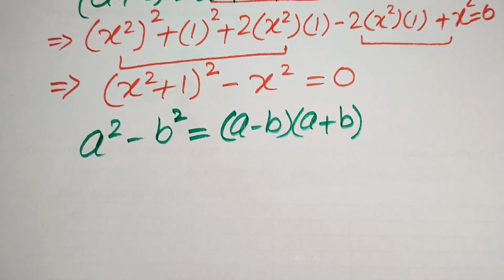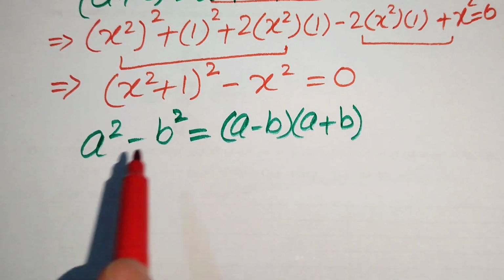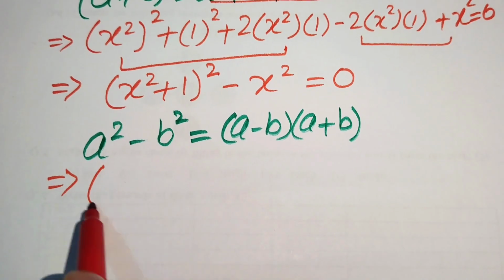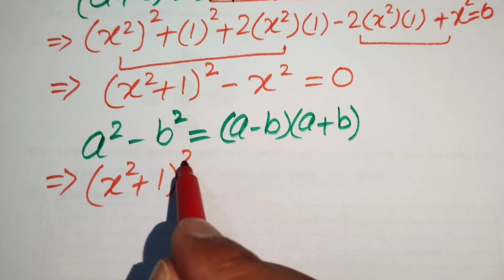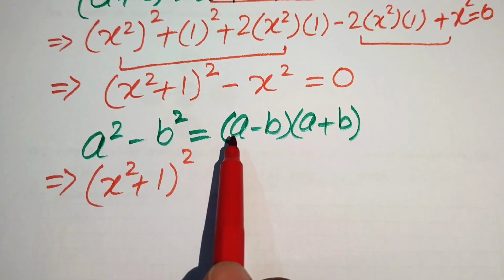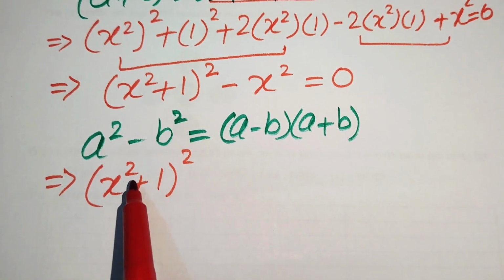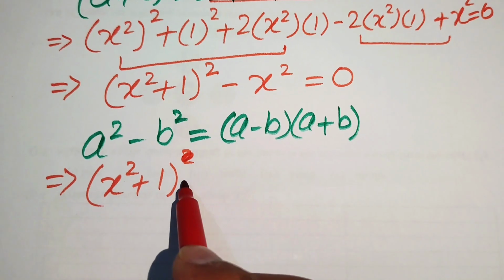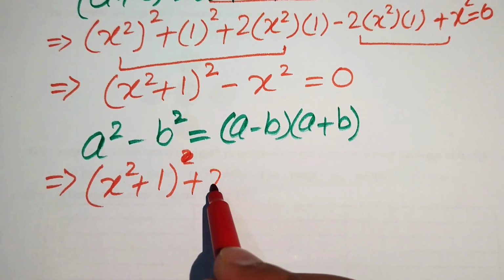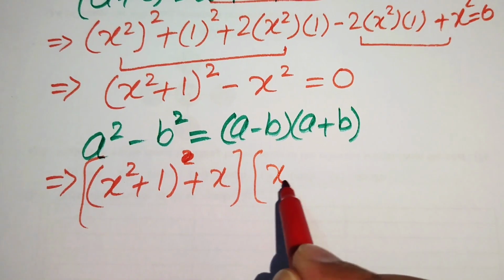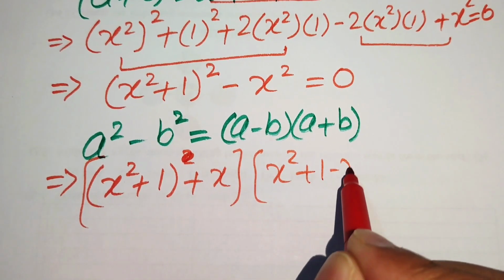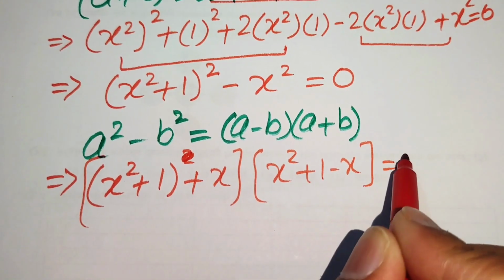So we use this formula in the above equation, and it is written as (x^2 + 1)^2, we have a minus b. Here our a is x^2 + 1 and b is x only. This is the first factor, and the second factor is x^2 + 1 - x equals 0.